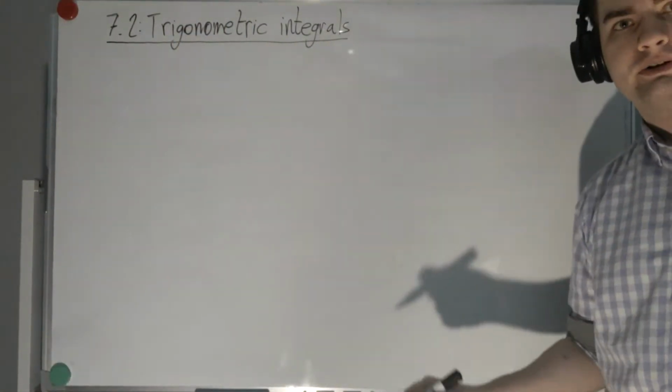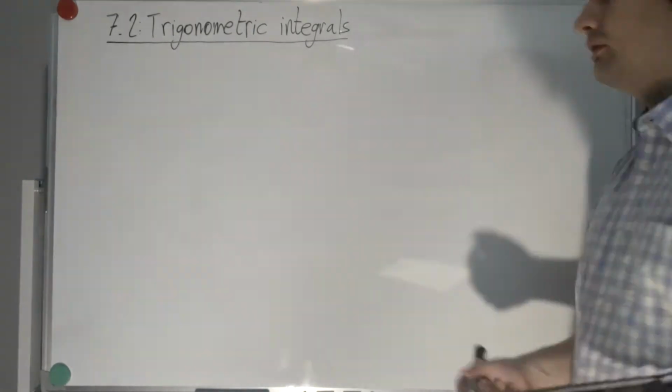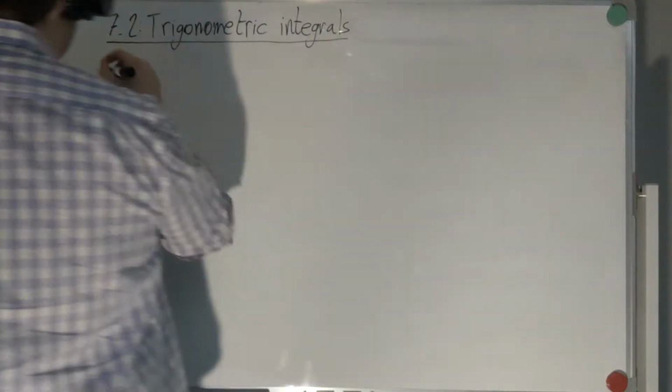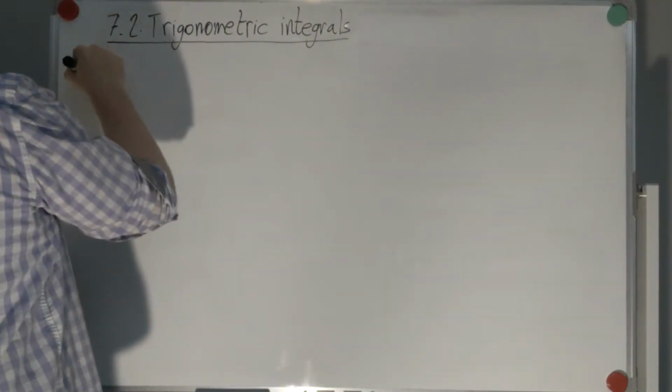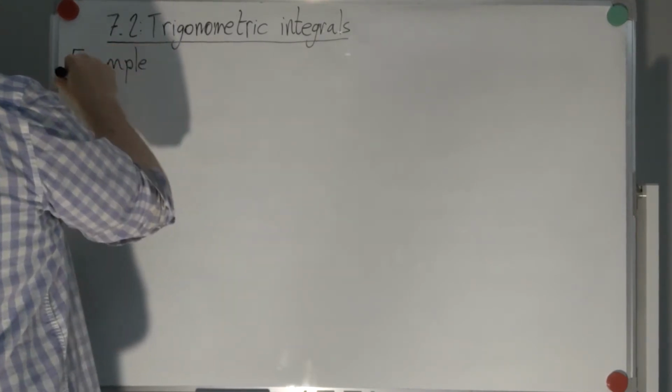Because these can get pretty weird and a little bit difficult to handle. Okay. So let's look at an example here, first of all, just to sort of illustrate how weird this can get.